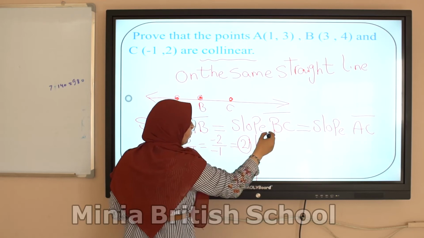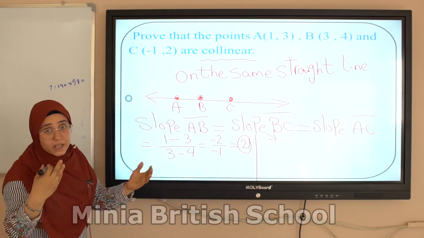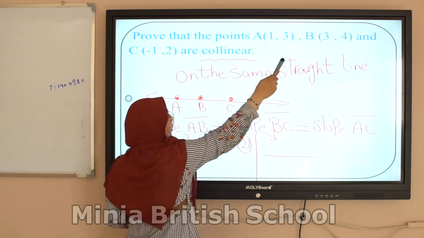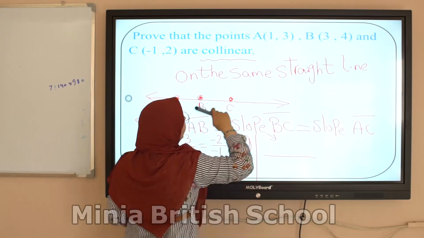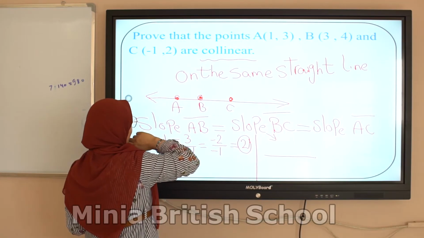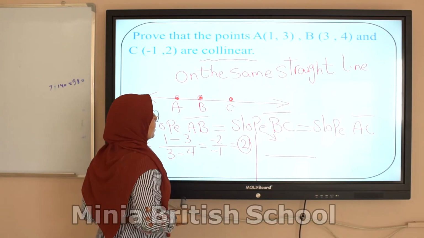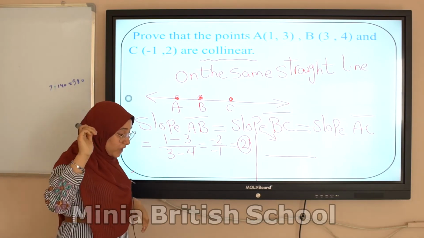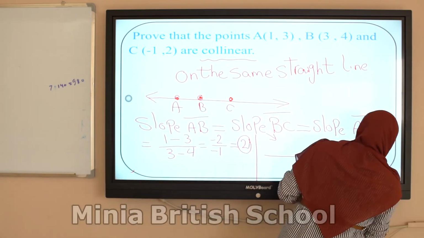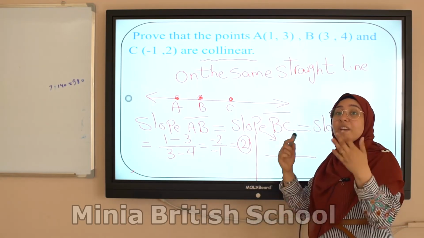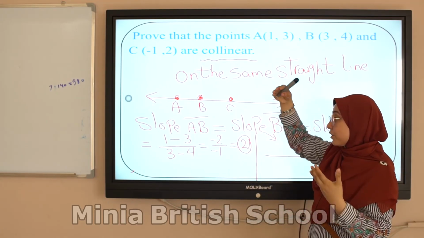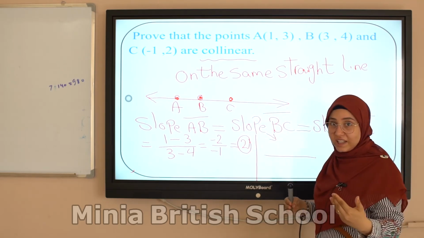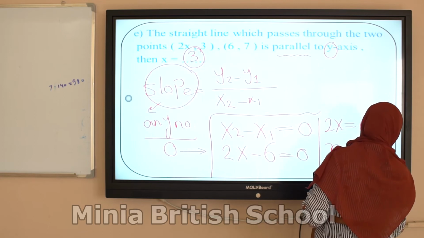But here I will find the slope of PC. Here I have made a mistake. Attention with me, okay. The slope equals the difference or the change in y coordinates to the change in x coordinates. Take care, okay?